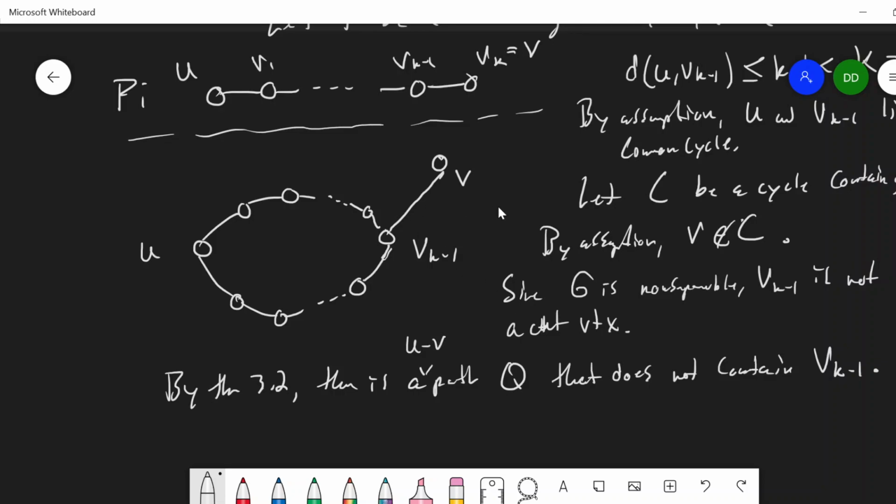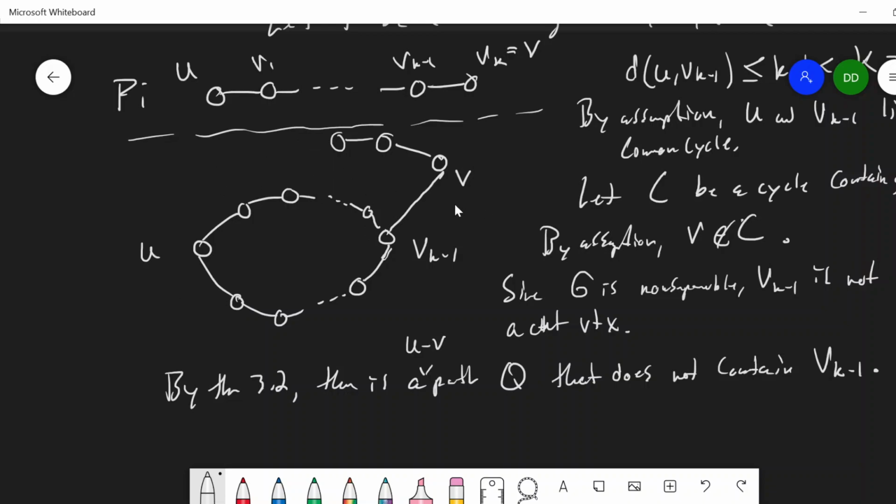Now, since U is on the cycle, here's my UV path that doesn't encounter VK minus 1. It's possible that this path Q does not encounter the cycle until I get to U, that might be the first vertex on the cycle. So it's possible something like this happens and I go down there. But in that case, I'd be able to find a cycle containing U and V.